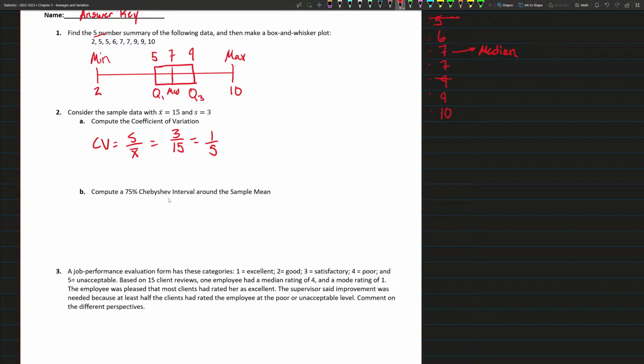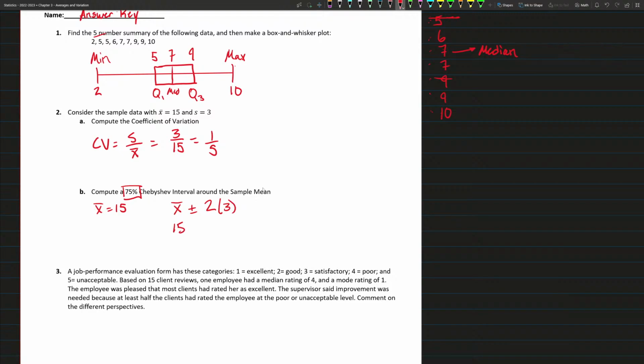Compute a 75% Chebyshev interval around the sample mean. So sample mean is 15, and our Chebyshev interval says that 75% has our mean plus or minus 2 of our standard deviations. So we have X bar plus or minus 2 standard deviations, so 2 times 3.